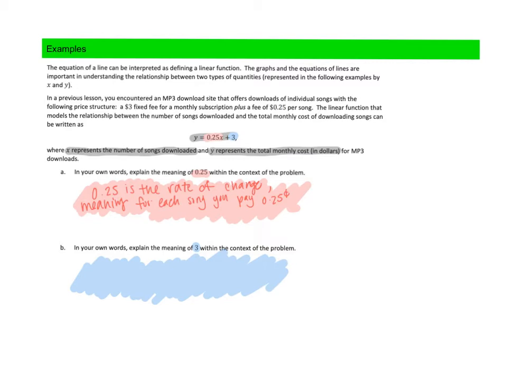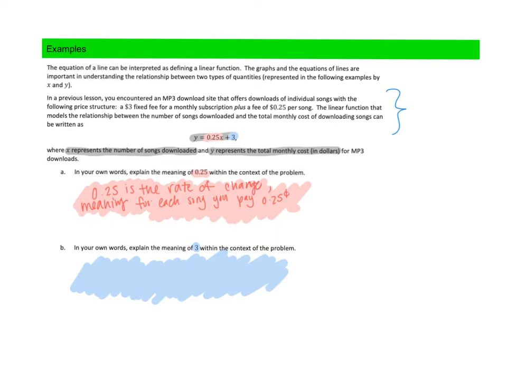So you should have something similar written down there, just letting me know that it represents the 25 cents per song. That was written up here in our description.